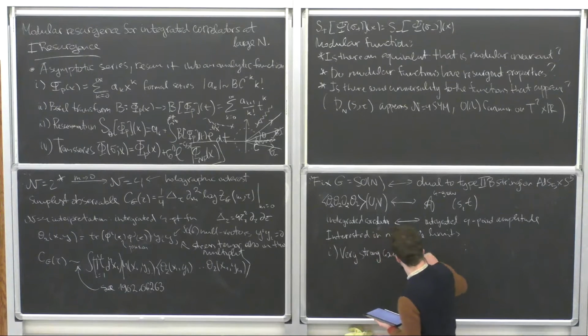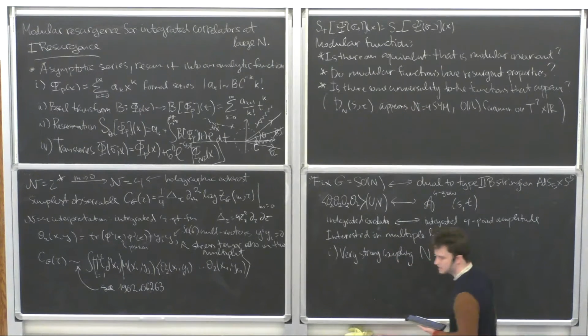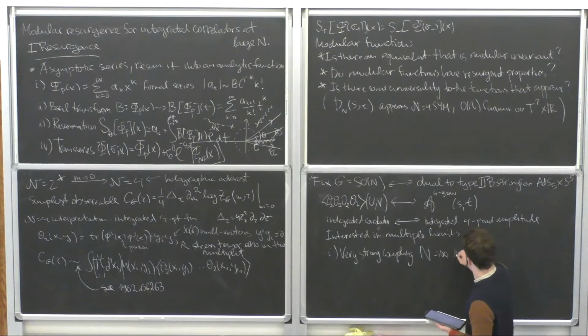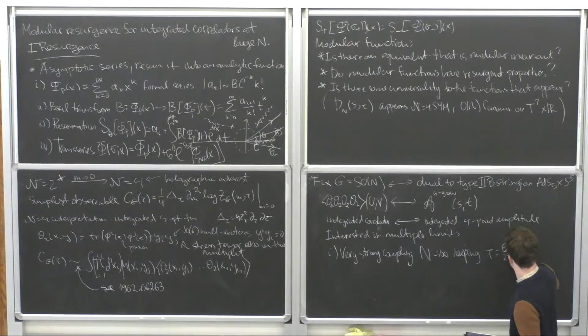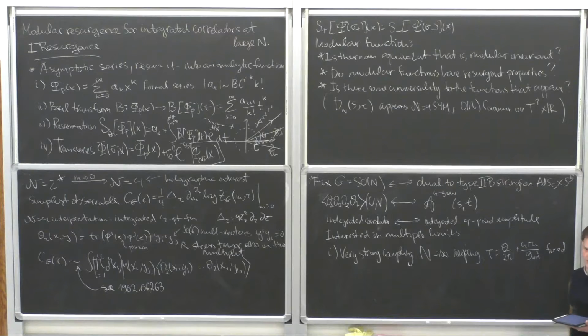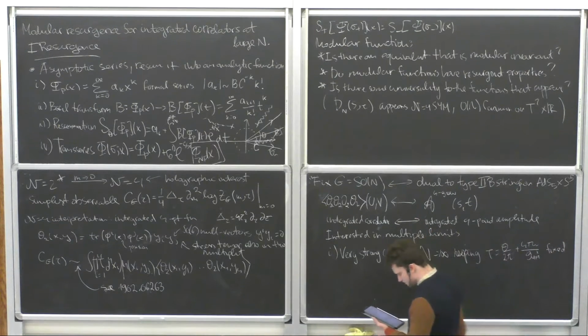In this limit, I send N to infinity while keeping tau, which is theta divided by 2 pi plus 4 pi i divided by g Yang-Mills squared, fixed. So this is kind of a weird limit. It's not obvious, for example, in perturbation theory that this exists, but it does, at least for this operator, certainly.